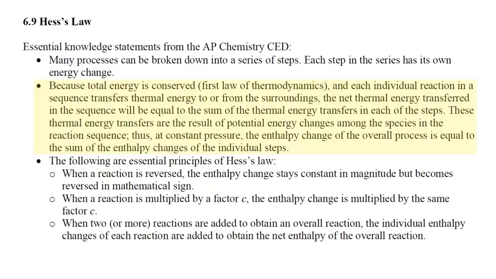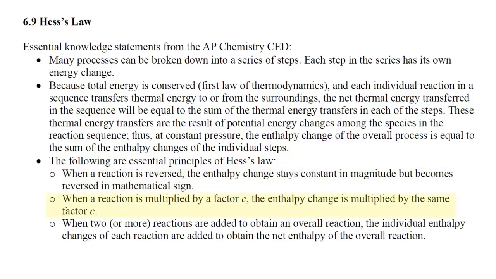Thus, at constant pressure, the enthalpy change of the overall process is equal to the sum of the enthalpy changes of the individual steps. The following are essential principles of Hess's law. When a reaction is reversed, the enthalpy change stays constant in magnitude but becomes reversed in mathematical sign.